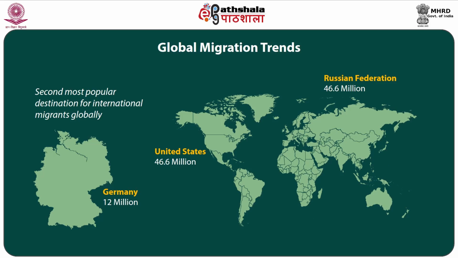Germany had an estimated 12 million foreign born residing in the country in 2015, against 46.6 million in the US and 11.9 million in the Russian Federation. So, the statistics for these three countries, the United States of America, Germany and the Russian Federation, are presented here.